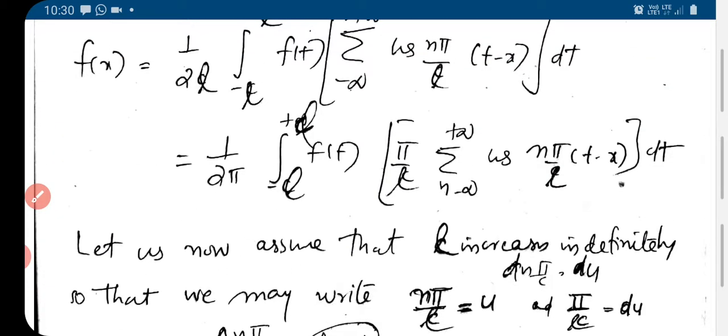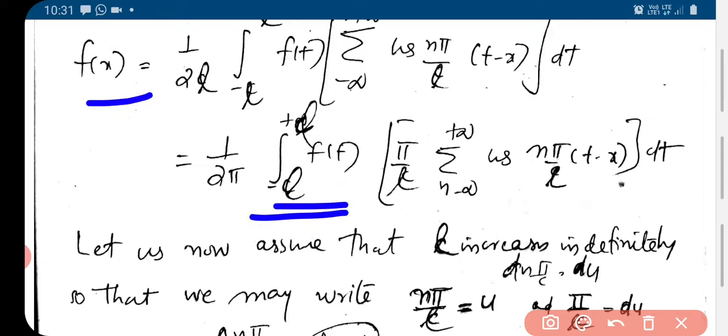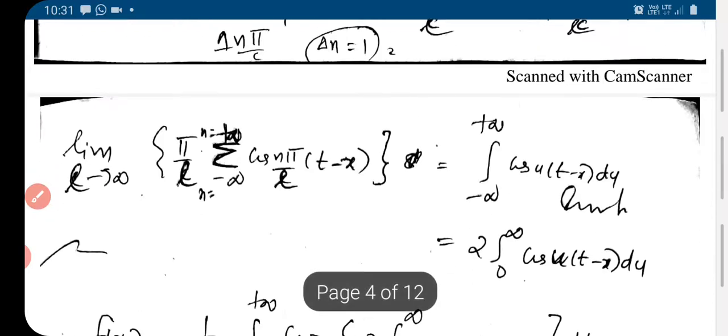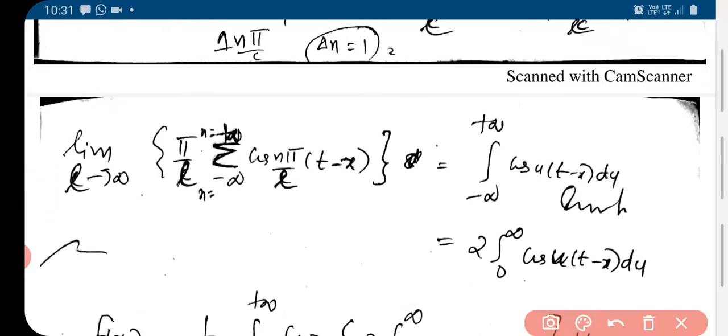Originally f of x is here, this integral is there, minus L to L. Now L is tending to infinity, so this will be minus infinity to plus infinity, and this term becomes 2 times integral 0 to infinity cos u(t minus x) du.